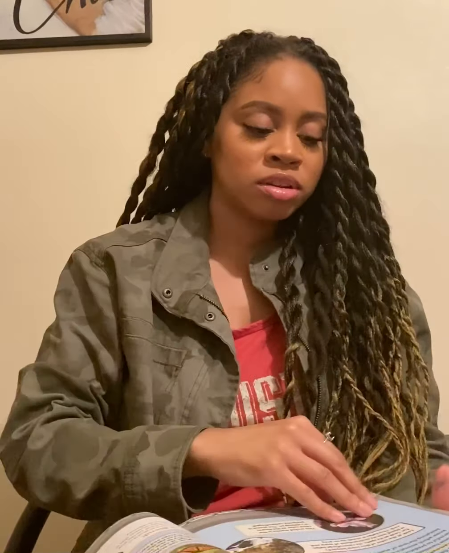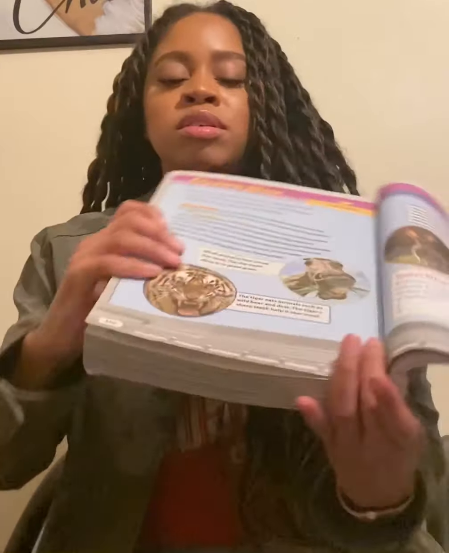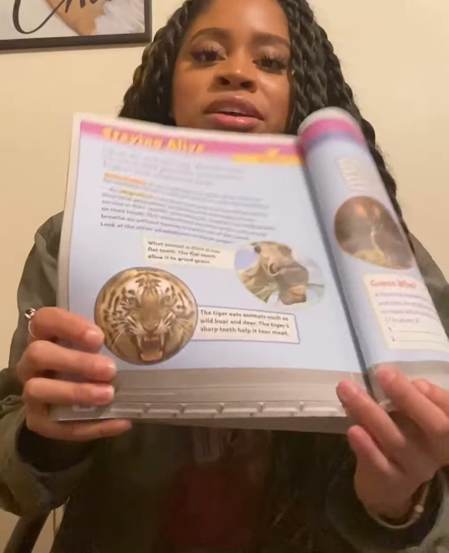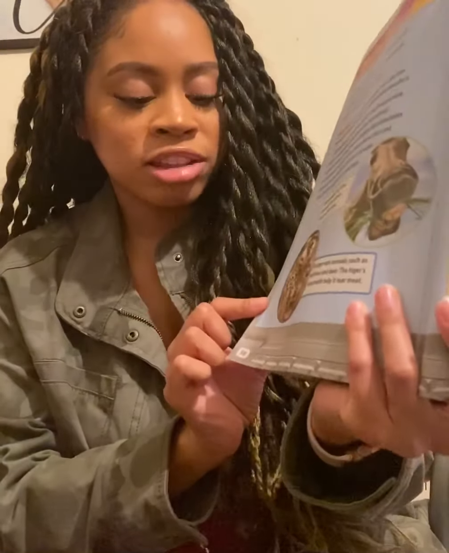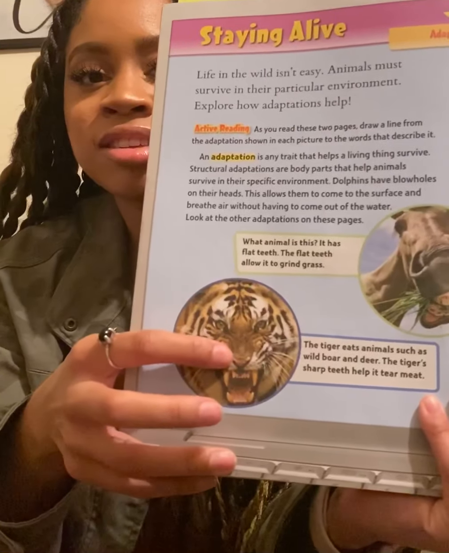let's take a look here at this tiger. So when we look at this tiger, and you can find this in your Science Fusion on page 510, see this tiger right here. Let's take a look at the tiger's teeth.